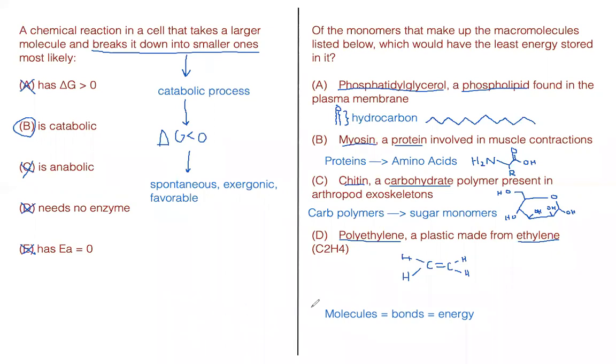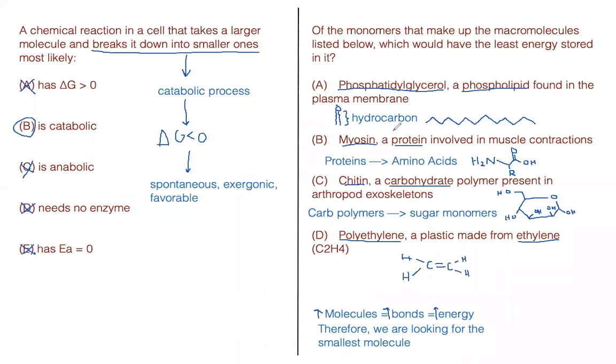Therefore, if I have big molecules, I have increased bonds, therefore I have an increased total energy. Therefore, we are looking for the smallest molecule, the one with the least number of bonds in it that we can break. The reason why bonds equal energy is because whenever we break bonds, we release energy, okay?